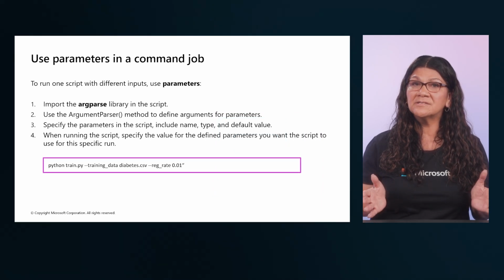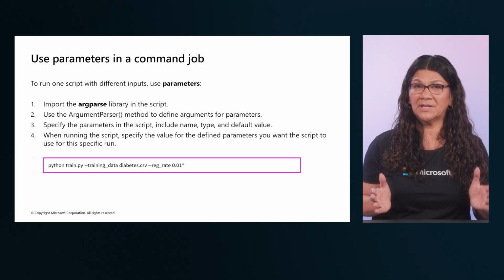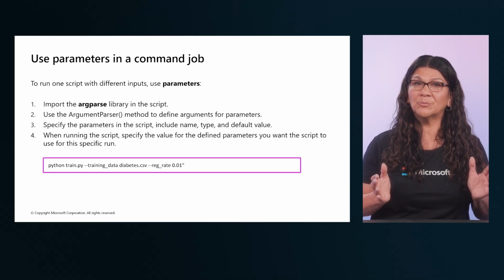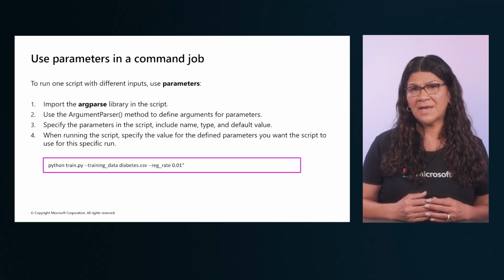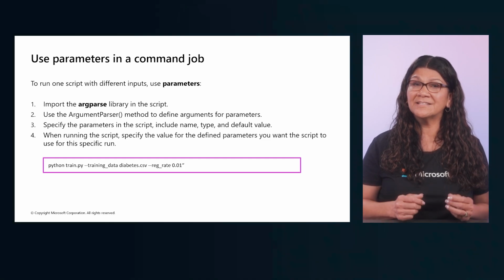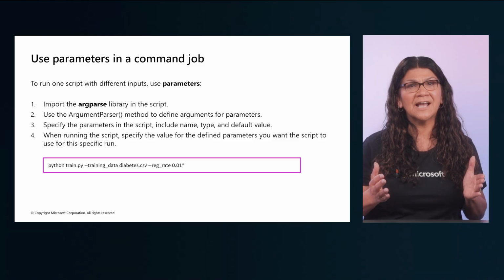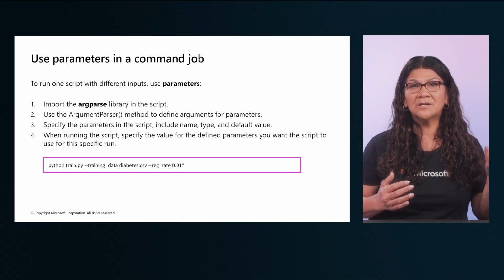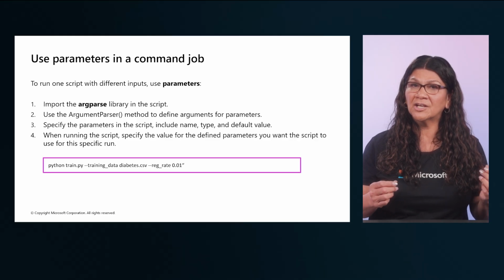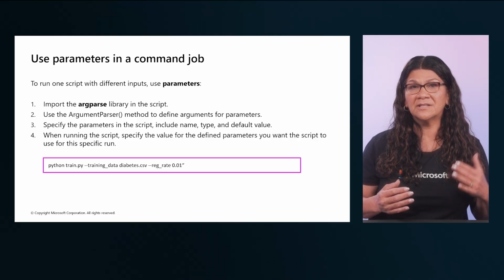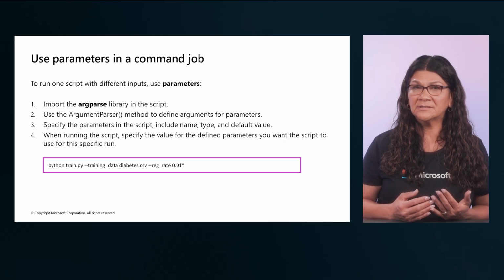When you want to reuse the same training script with different inputs, you turn it into a parameterized command line program. And Azure ML command jobs are built for exactly that. Here we see the standard pattern: input arg parse. We want to define your inputs with the argument parser, including the name, the type, and the default.